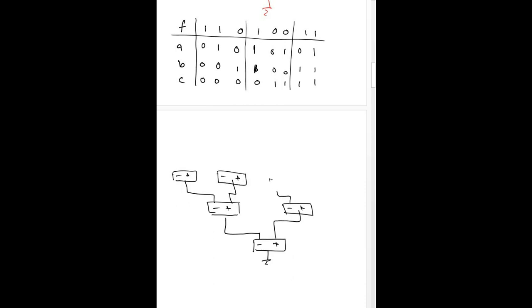Similarly, this will be connected to another point, and this will also be connected to another point here. So the outputs can be connected to these two lines here, one is our F line and one is our F bar line.